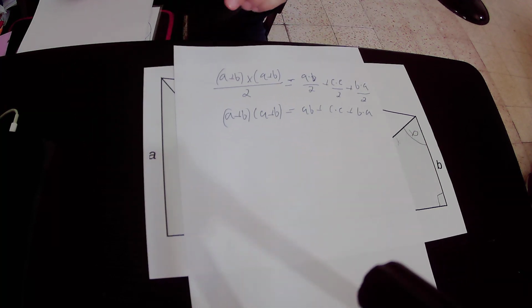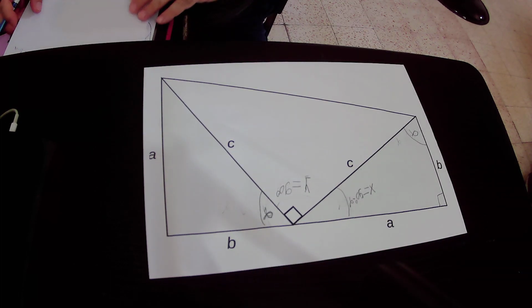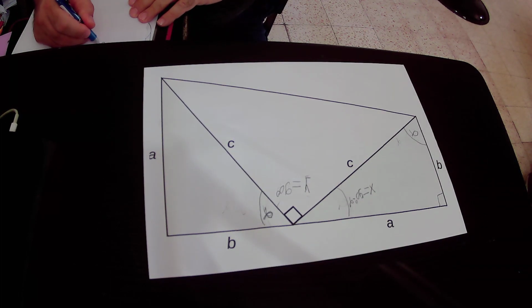So after we multiplied this equation by 2, we got that (a plus b) times (a plus b) equals a times b plus c times c plus b times a, and a times b plus b times a is 2ab, and c times c is c square. So we can write it this way.